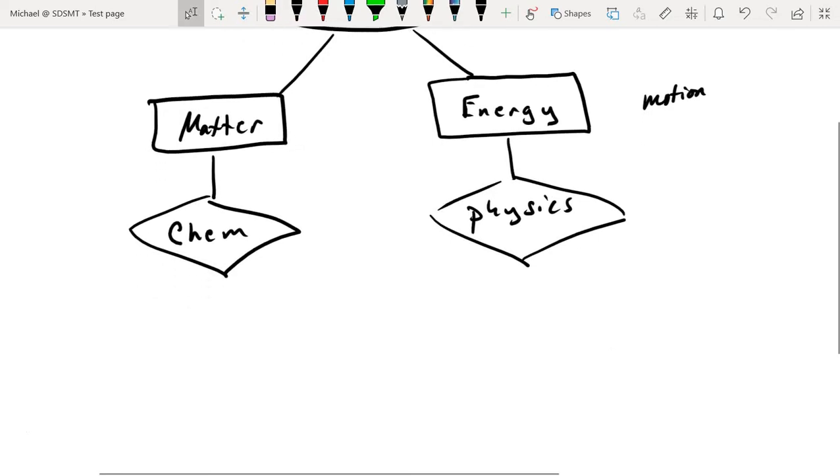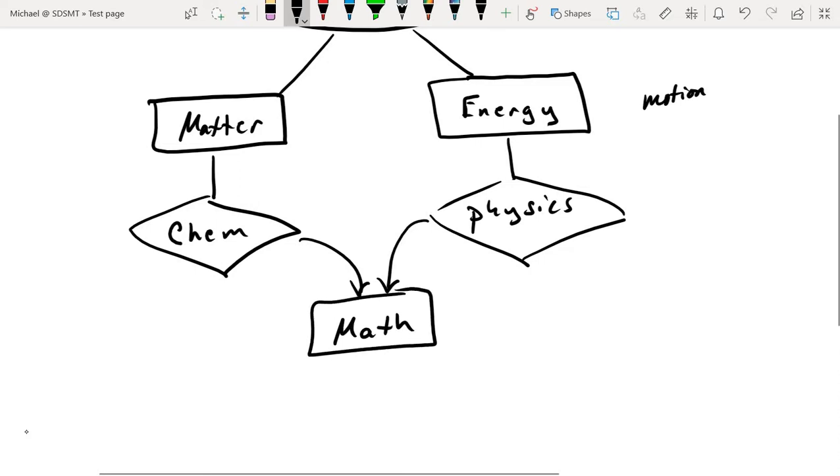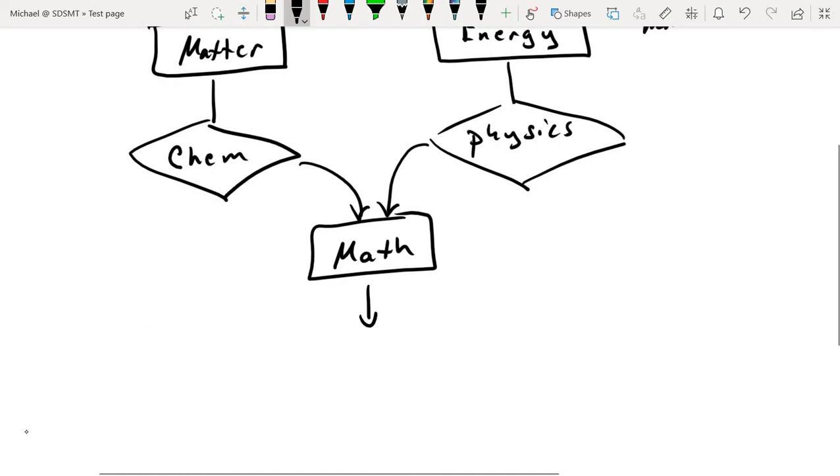And for that, we are going to see a combination of the two fields of study paired with mathematics, and then you get everything else.